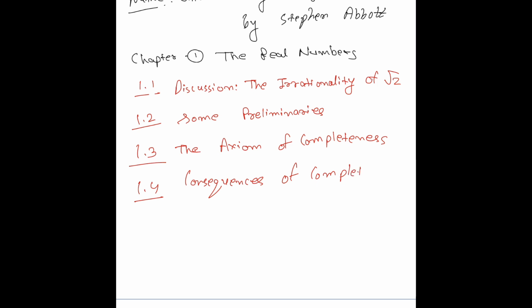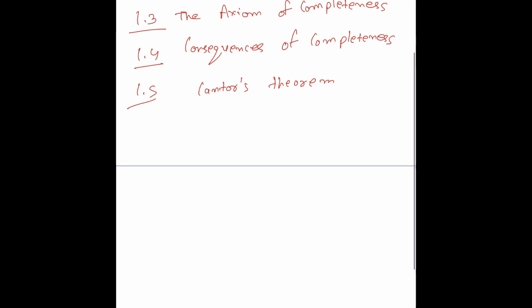The fifth is Cantor's theorem. The sixth is the epilogue. We'll go through all the subsections in each video. In this first video, I will go with the first subsection, the discussion, the irrationality of root 2.